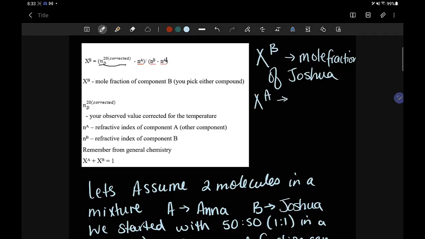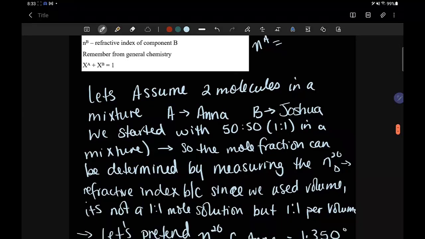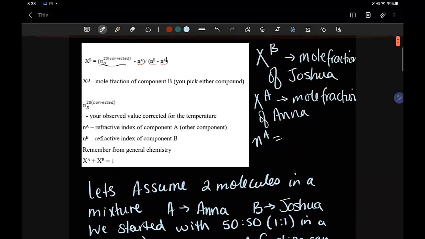So again, I'm going to write down what it is I know. Here's the equation. Again, you have to use the corrected value. You can't use the one at whatever temperature you feel like. Since I said Joshua's B, I'm going to say XB is the mole fraction of Joshua, and XA is the mole fraction of Anna.